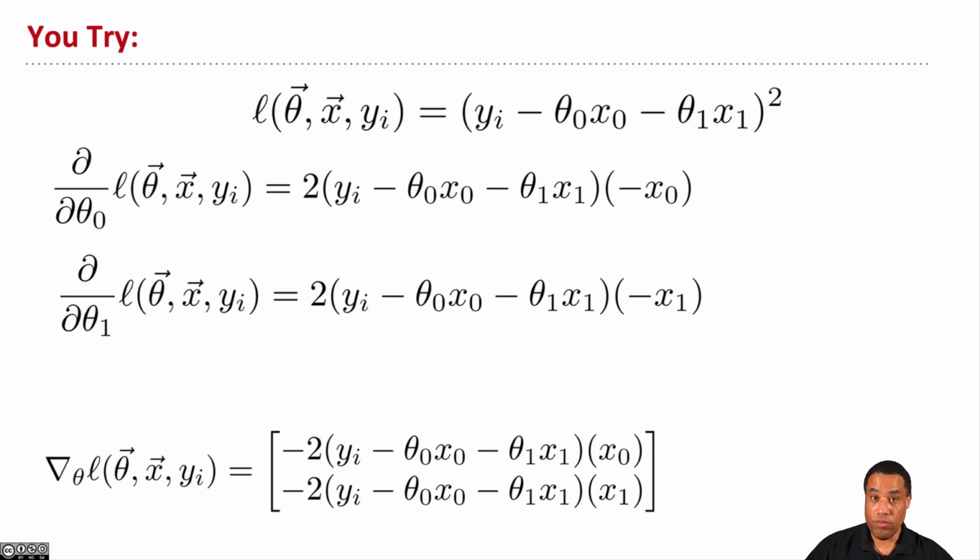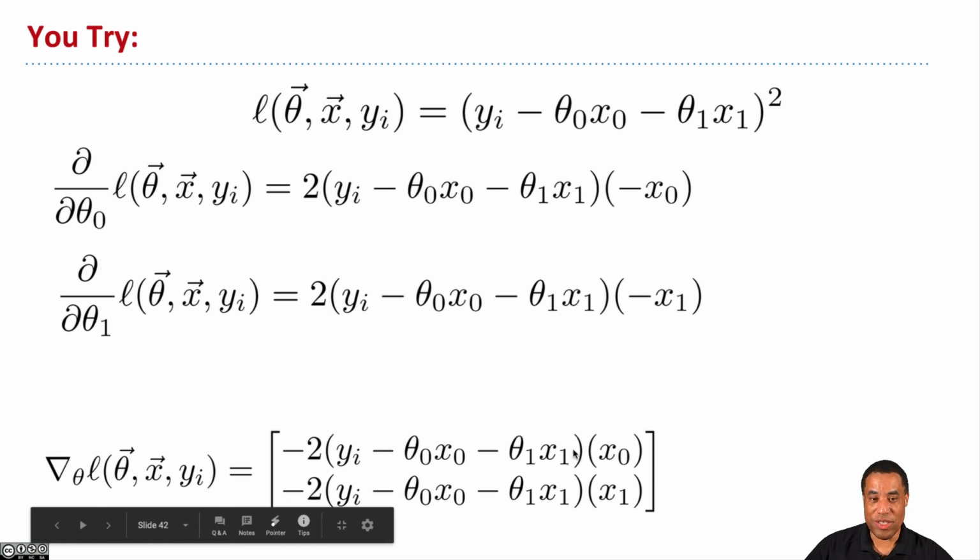And similarly, our derivative with respect to theta 1 will be the same starting quantity, 2 times the quantity y sub i minus theta 0 times x0 minus theta 1 times x1, times negative x1. And so we can write these 2 elements in our column vector.